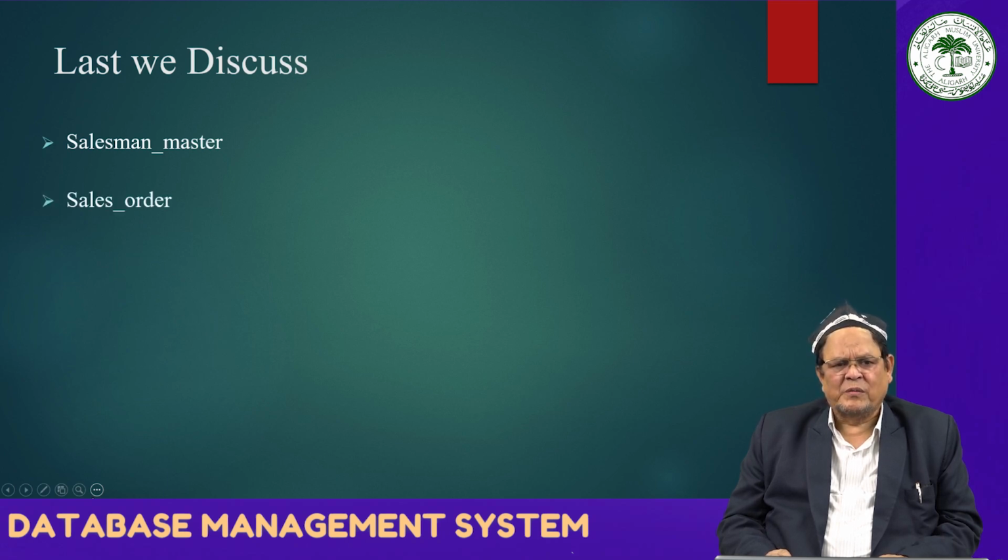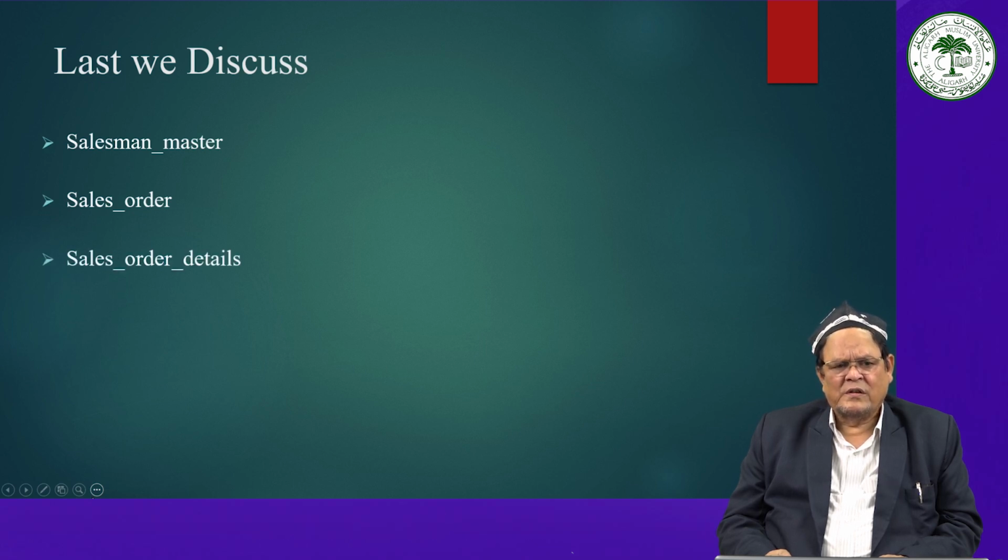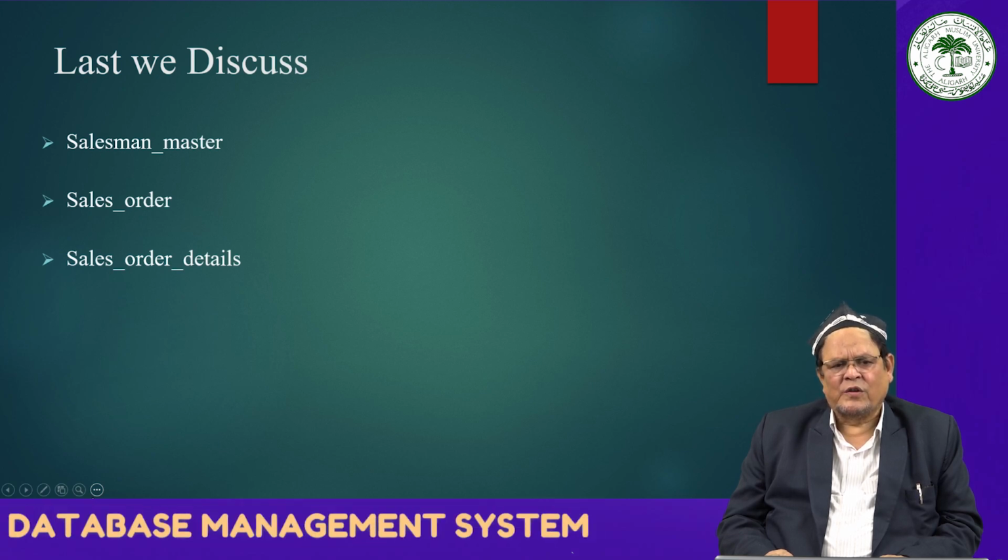Next, we discussed the sales order table, and we also created it and entered values. The third table we discussed was sales order details. We also discussed in detail how to create sales order details and how to insert values depending on the requirement on that table.